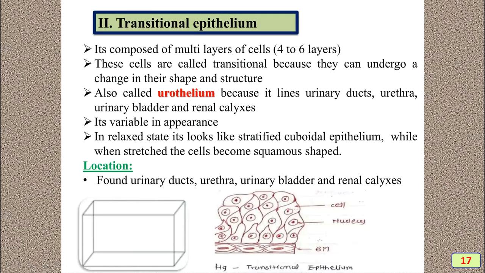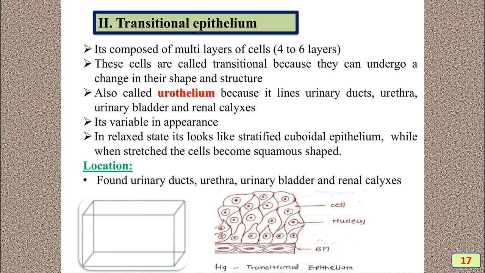Whereas the second type of cells are the transitional epithelial cells, composed of multiple layers of cells. Usually, these contain 4 to 6 layers. These cells are called transitional because they can undergo a change in their shape and also structure.